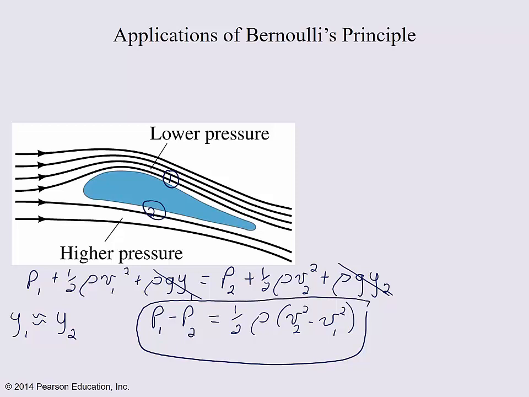So the difference in pressure between the two edges of the airplane wing is proportional to the difference in their velocities squared, the speeds of the fluid going around the wing. You can use this calculation to figure out how much lift an airplane is going to get, and therefore how quickly it is going to take off or land if you change the direction of your airplane wing. All right, let's look at a few more.